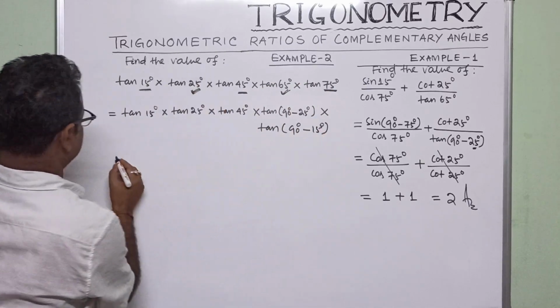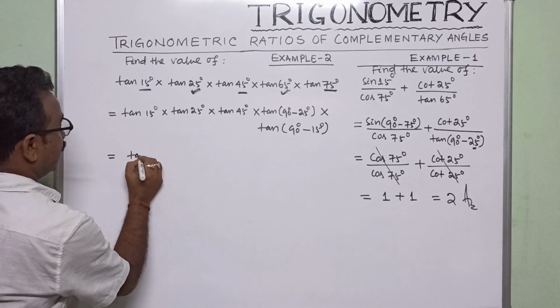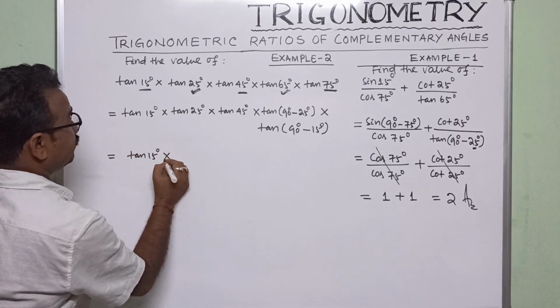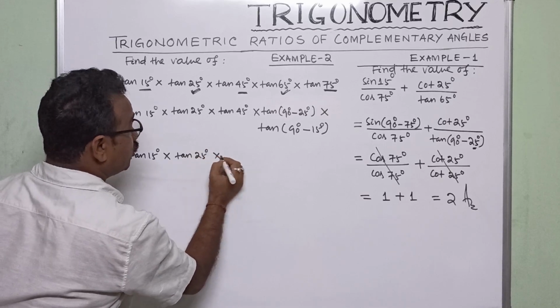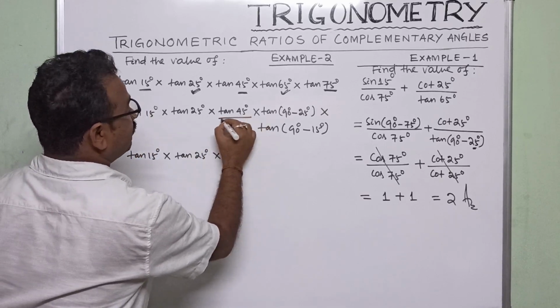That is equal to tan 15 degree into tan 25 degree into 1. Value of tan 45 is 1.